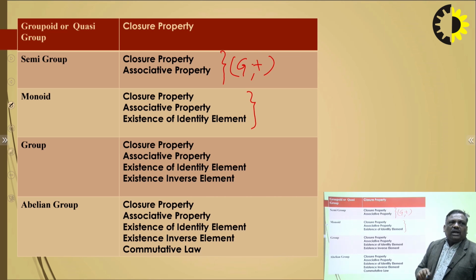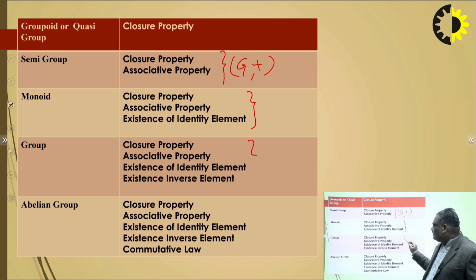Similarly, if any non-empty set G has closure property with respect to any binary operation, associative property, existence of identity element and inverse law, an inverse element in the set, then this algebraic structure is known as group.